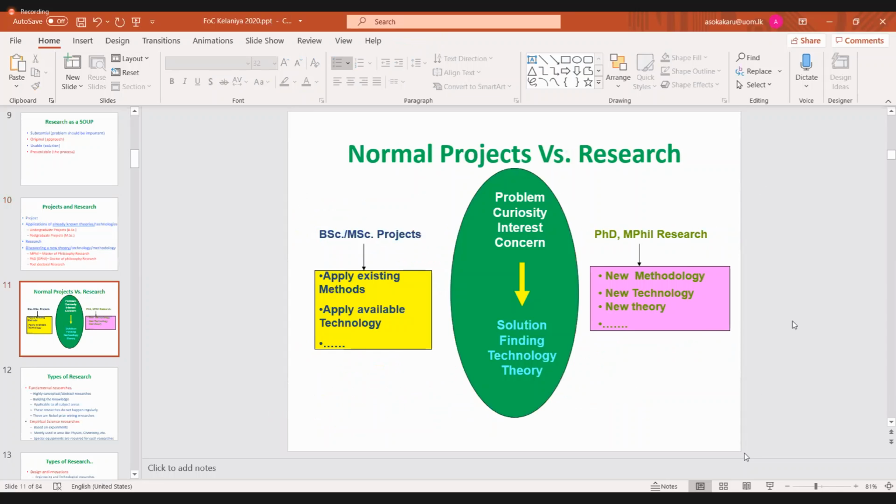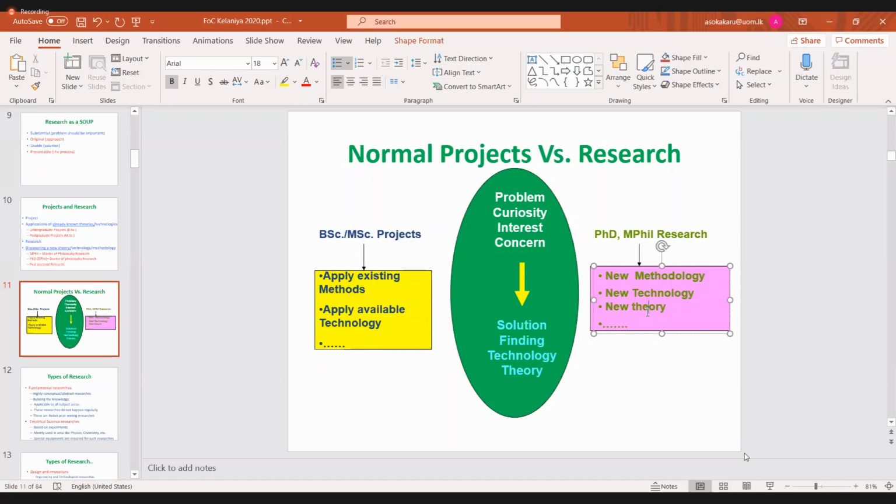Now you see this diagram: normal project versus research. When you say BSc project or MSc project, what you do is apply existing methods or theories. When you go for PhD or MPhil areas, it could be a new methodology, new technology or a new theory.